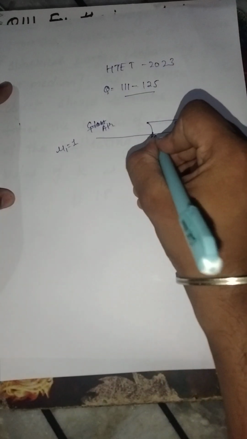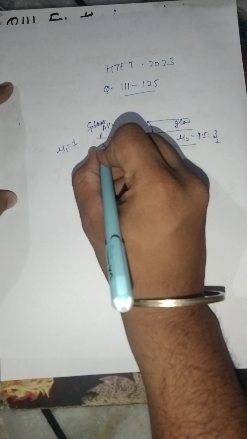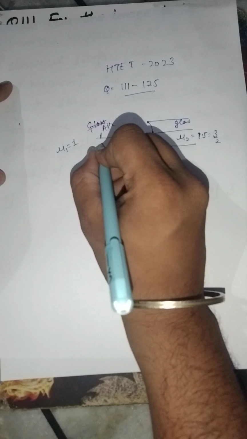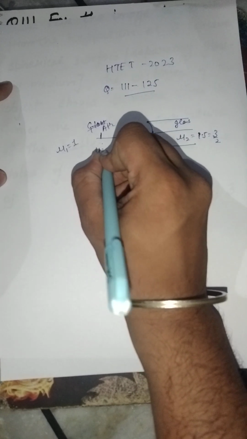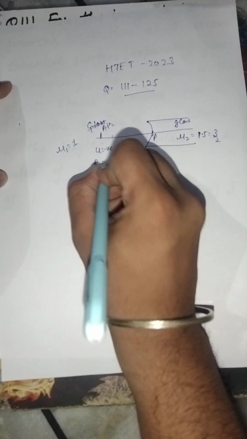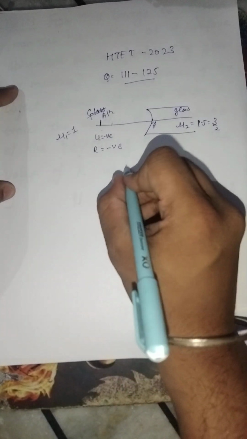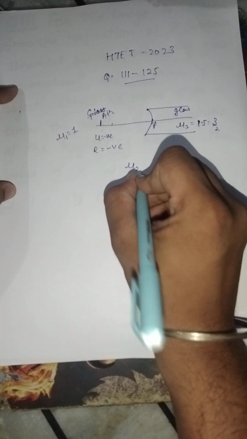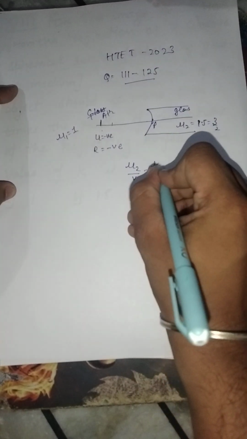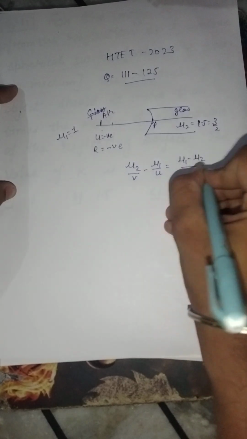This is our pole. Let our object be placed on this axis. In this direction our object is placed, so u is negative, and the radius of curvature of the concave spherical surface is also negative. As we know, the formula is mu2 by v minus mu1 by u is equal to (mu1 minus mu2) by r.